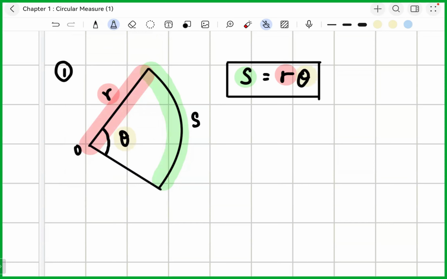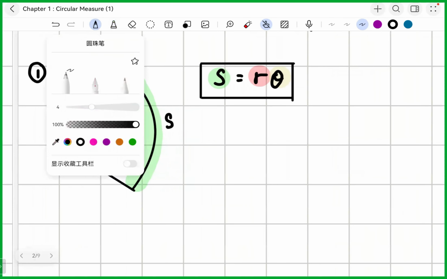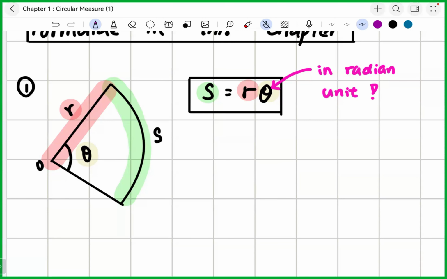What is the special point of this formula? You have to be very careful. Every single time you use this formula, you have to make sure that theta is in radian unit and not in degree unit. This is because this formula is specially created for angles in radian unit. What happens when you substitute the angle in degree unit?